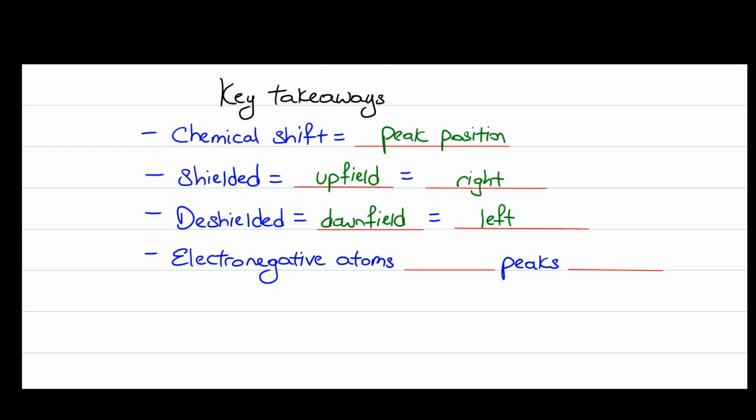Electronegative atoms pull electron density away and therefore deshield nearby protons. The closer the proton is to the electron withdrawing effect, the more downfield it will usually appear. In the next video, we will take this idea and apply it to real molecules step by step.